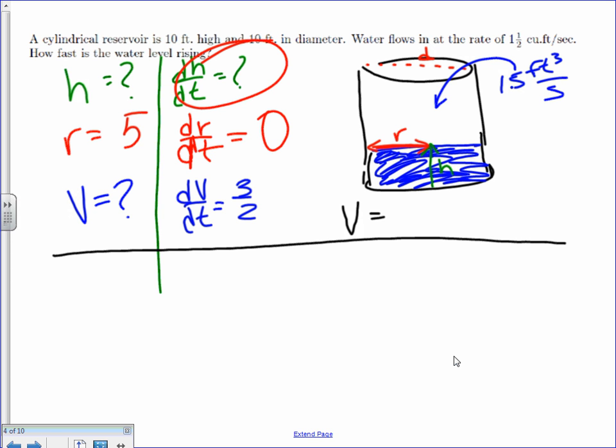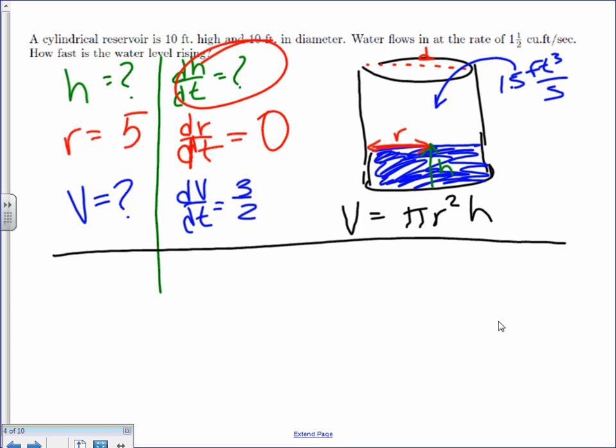The volume of a cylinder is the area of one of the faces, so that's pi r squared, because the faces are circles, and then multiply by the height, so just h. Remember, this volume formula is for the water, which will be in a cylindrical shape because it will conform to the container.